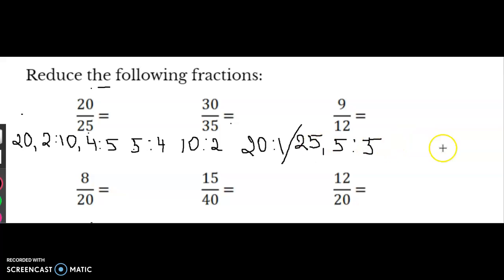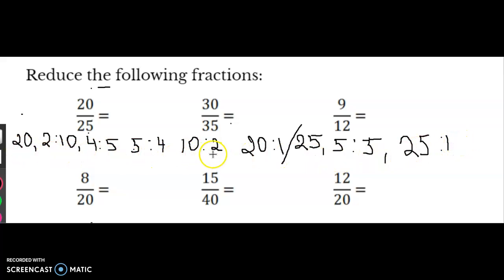So we cannot divide by 6, by 7, by 8, by 9, by 10, by 12, by 13, by 15. So the next number that we can divide by is 25. So 25 divided by 25 equals 1.